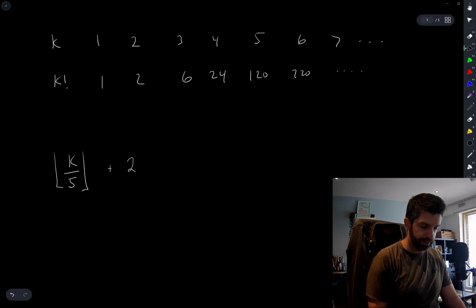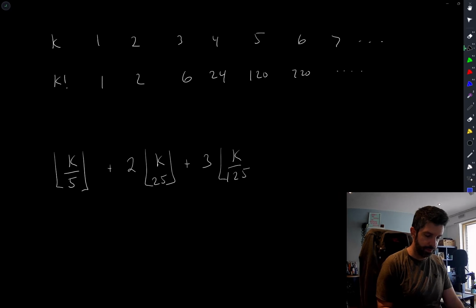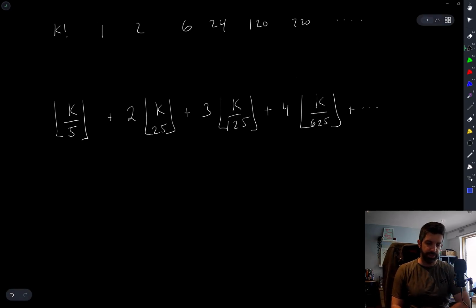So I also have to take 2 times the floor of k over 25, plus 3 times the floor of k over 125, plus 4 times the floor of k over 625, which is 5 to the 4, and so on. And I want the number of solutions for k such that this is equal to 99.